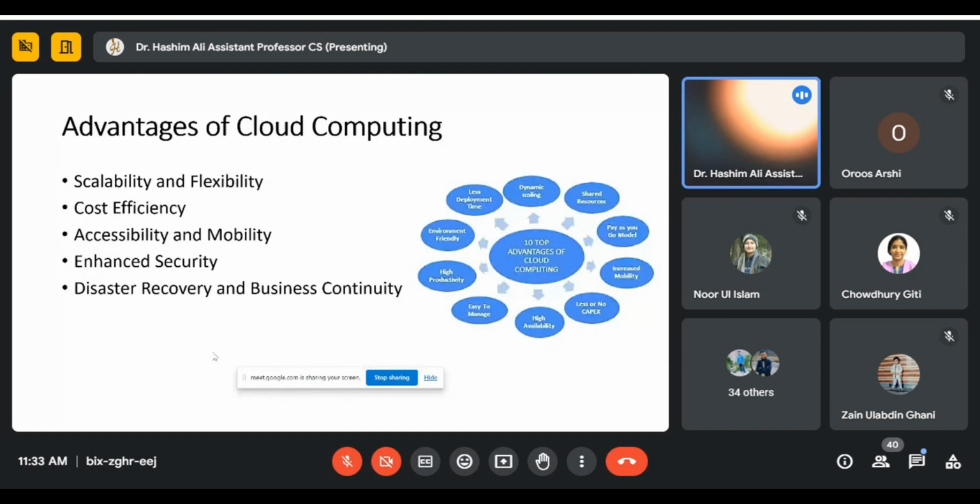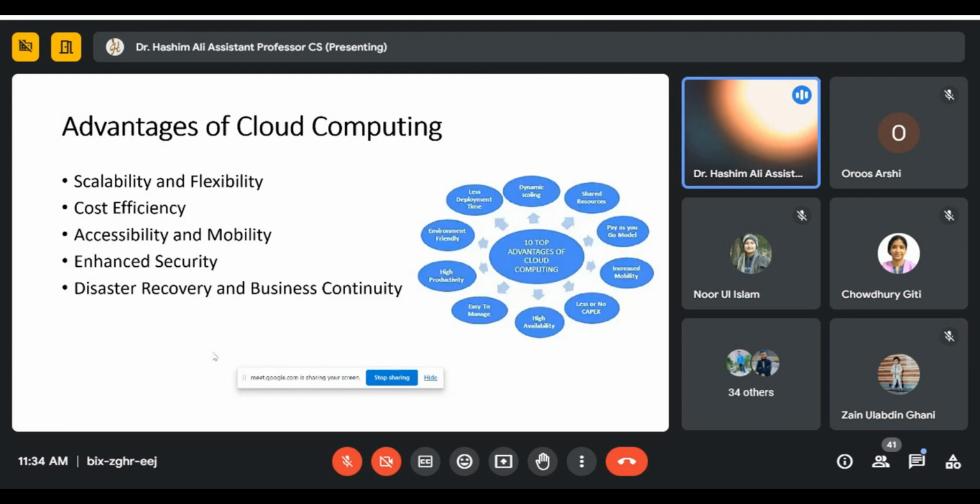They are 100% sure that unauthorized access to their application or usability by a third party is restricted within the cloud computing domain. So we say that it provides enhanced security when we are using the cloud computing paradigm.